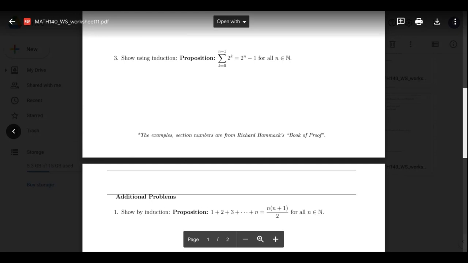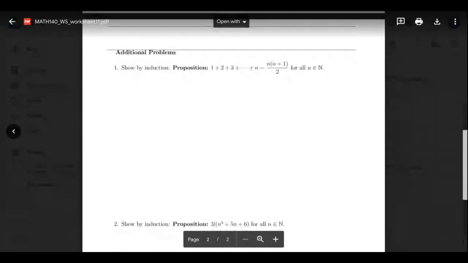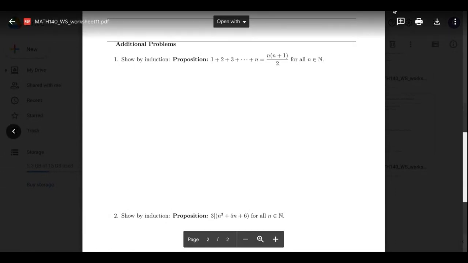Okay, for you guys who finished, try additional problem number 1. Try 1 and 2. Same thing, right? Show P of 1 is true. Assume P of n.